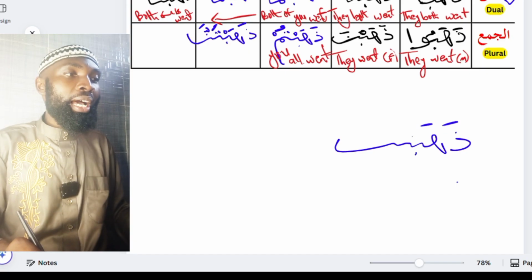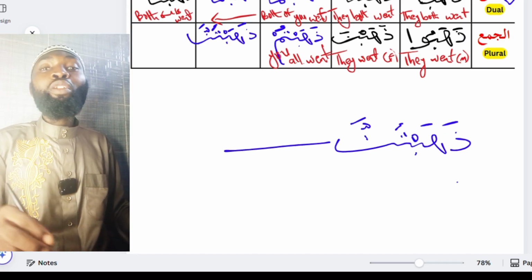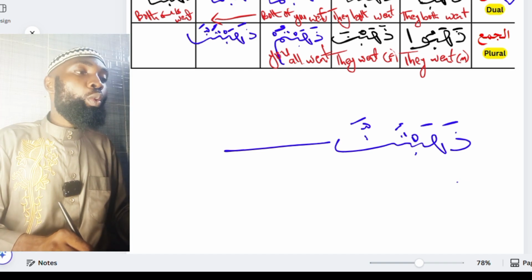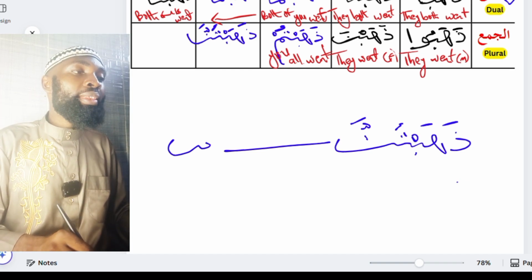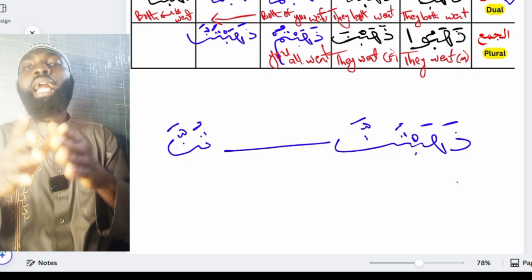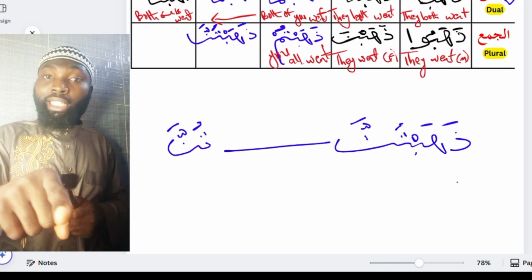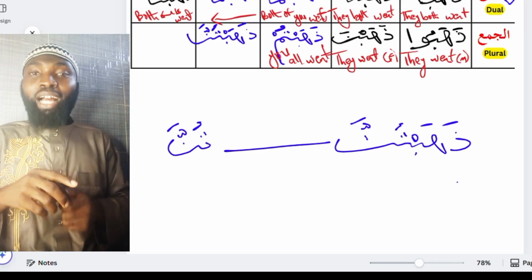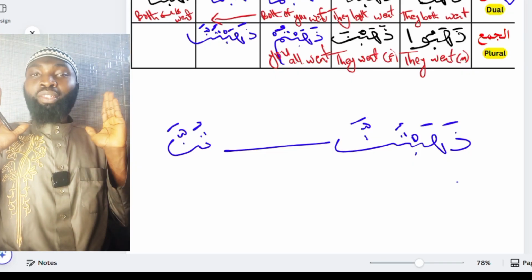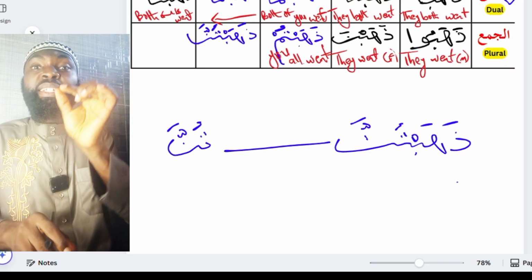Dhahabtunna, which means you all females went. The only thing added to the word dhahaba is the tunna. So I'm telling Aisha, Maryam, and Zainab, dhahabtunna, all of you went. For males, dhahabtum. For females, dhahabtunna.